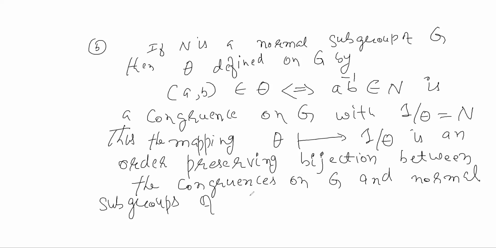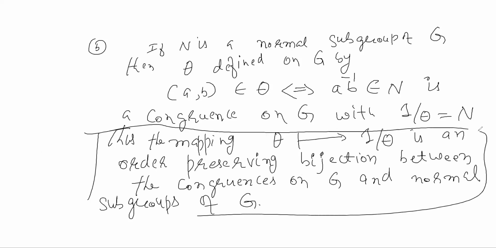Now once you prove this one, I think this is straightforward. You just have to ensure yourself that this is a congruence on G. So it has to be an equivalence relation in the first place.